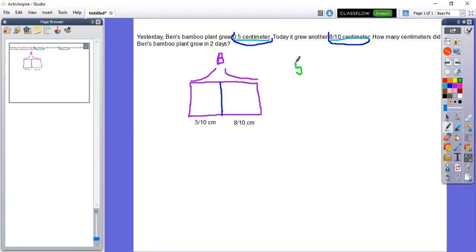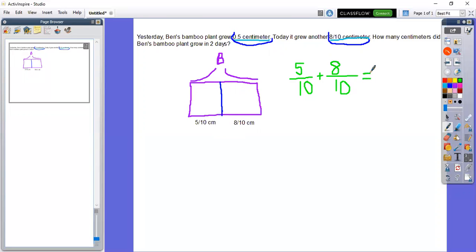So we have 0.5 plus 0.8. Okay. And remember, you can only add if we have like denominators. The tenths are the same, so that means we can add.